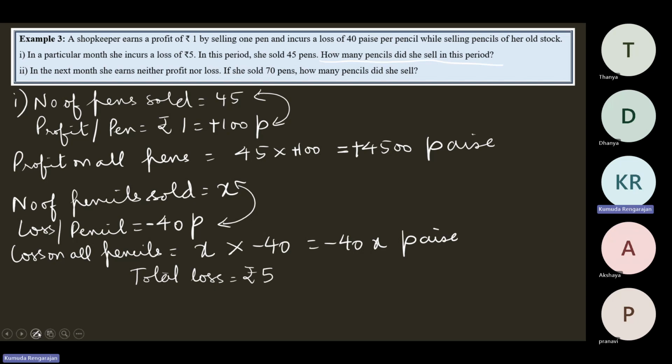You should use a sign here because the total loss is 5. But we have everything in paise, so it is minus 5,000 paise. Correct? Yes, ma'am.